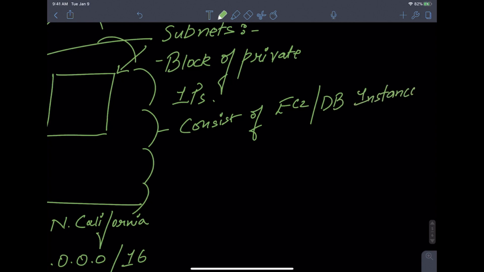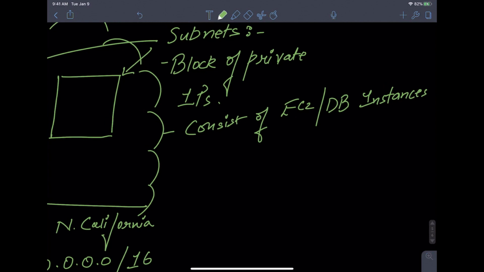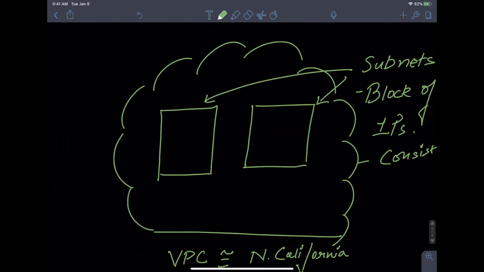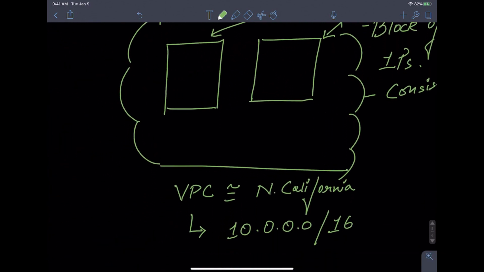From the networking point of view, you deploy your instances in these subnets. For example, this is my subnet A. Each subnet will be linked to an availability zone, for example, availability zone A. Now, some people might have this question: what is an availability zone? AZ stands for availability zone. It's a data center, a facility.